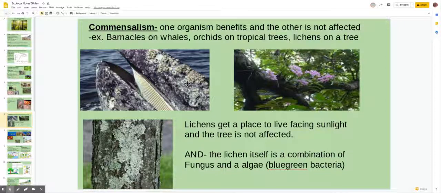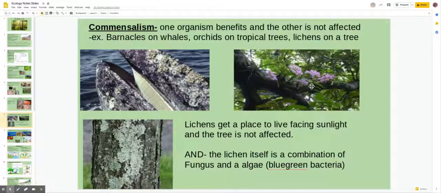It's actually benefiting the commensalist. So barnacles on this whale, these barnacles are growing on the skin of the whale, and the whale doesn't really care. It's not hurting the whale, but the barnacles are being brought to a food supply because the whale is constantly going to find food for itself.